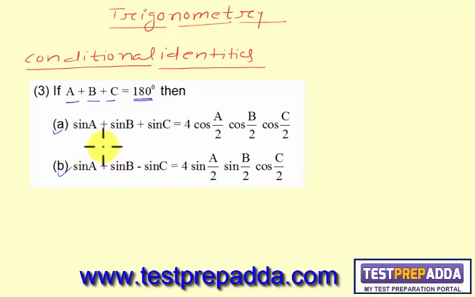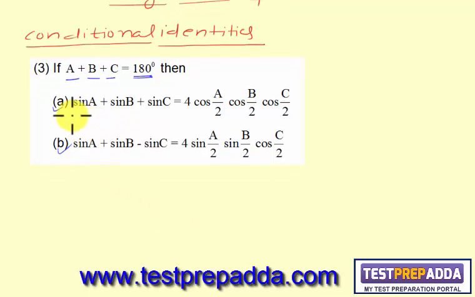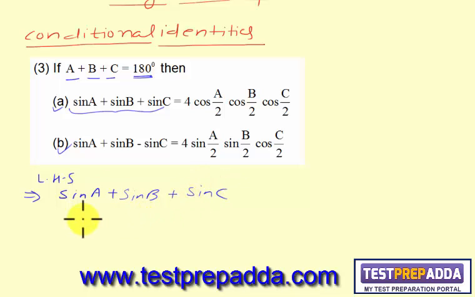So I'll take the first identity here. I'll prove this. So I'll take the LHS part, which is given as sin A plus sin B plus sin C. Now open this sin A as you have written earlier for sin 2A, 2 sin A cos A, and here sin A will be written as 2 sin half of that angle, meaning A by 2, cos again half, meaning A by 2.